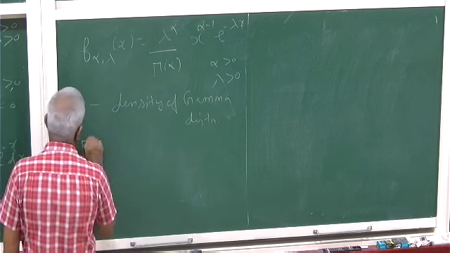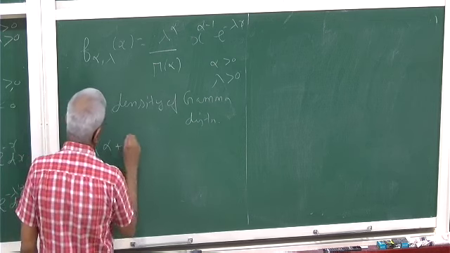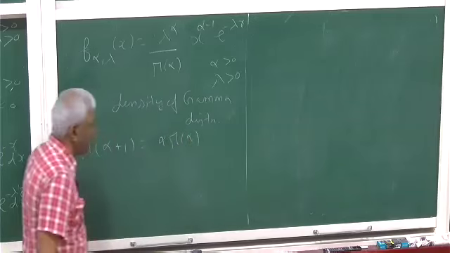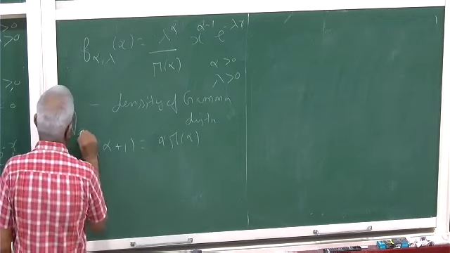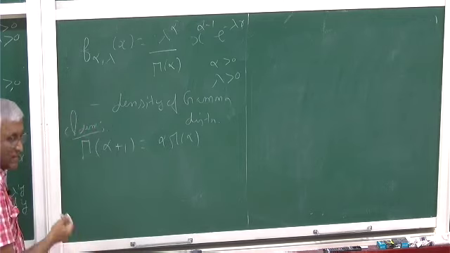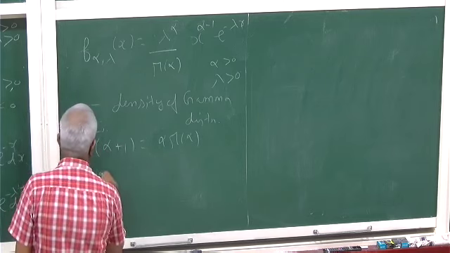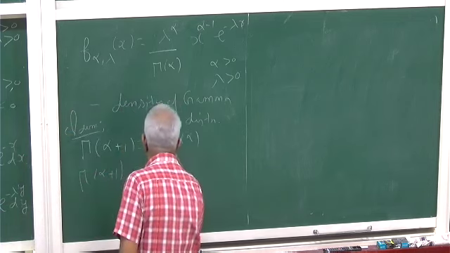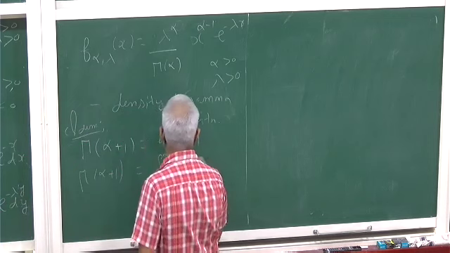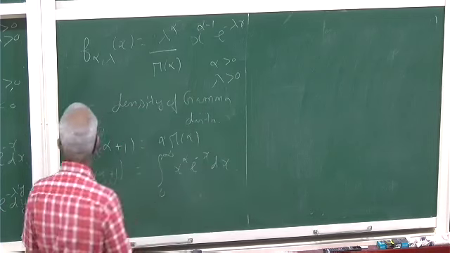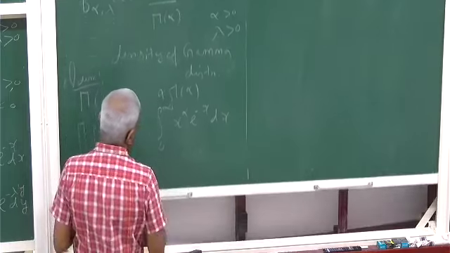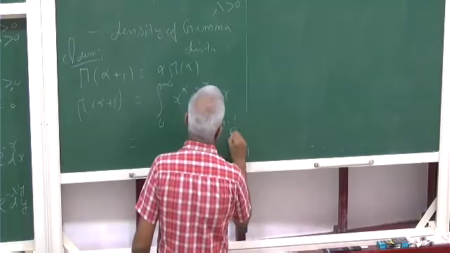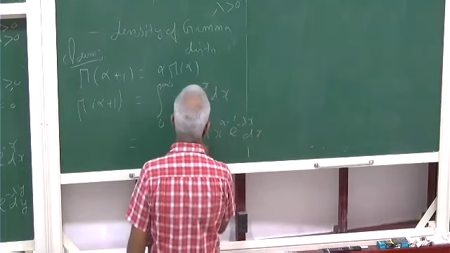This gamma alpha satisfies, first, gamma of alpha plus 1 equal to alpha times gamma of alpha. This is by integration by parts. Gamma of alpha plus 1, if you have that integral, is just equal to the integral from 0 to infinity of x power alpha e power minus x dx. Now this is just equal to alpha times x power alpha minus 1 e power minus x dx, integral 0 to infinity.